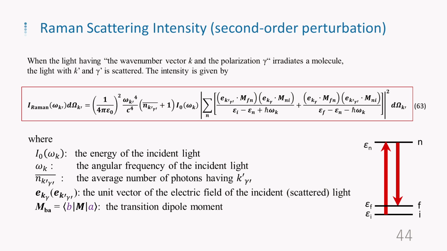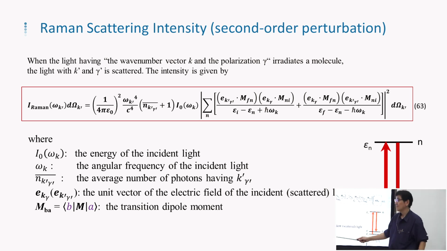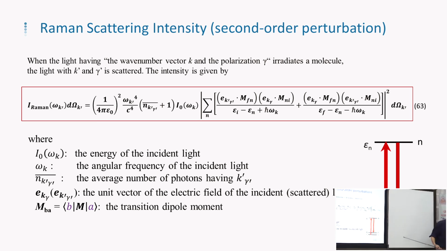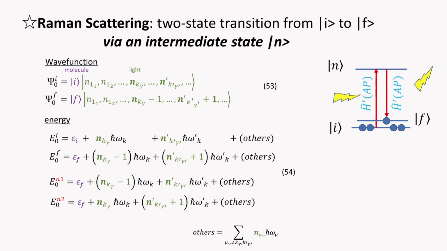e k gamma and e k' gamma' are the unit vectors of the electric field of the incident and scattered light. And again, MBA is the abbreviation of the integral of B M A. This is a so-called transition dipole moment from state A to state B. It's difficult to explain at once.